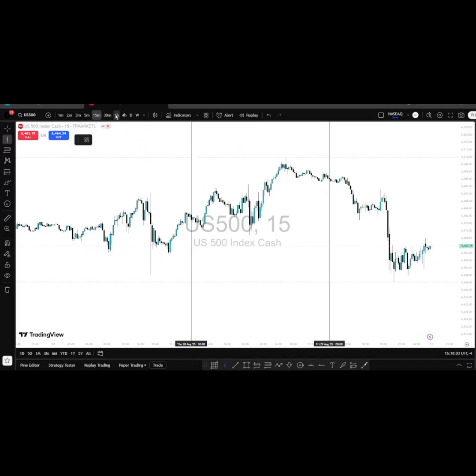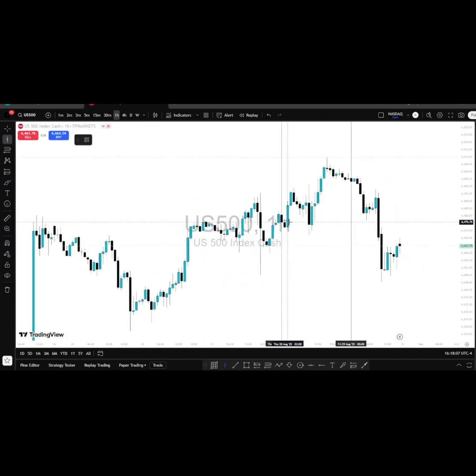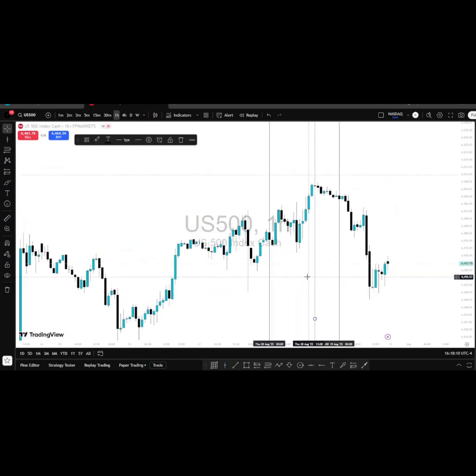Okay, let's follow the order of time frame so that it can be explained better. So here we go. On US 500 we had this midnight open, price traded lower and then it traded higher, swept this previous day high.